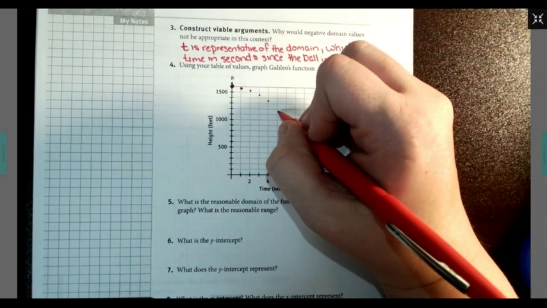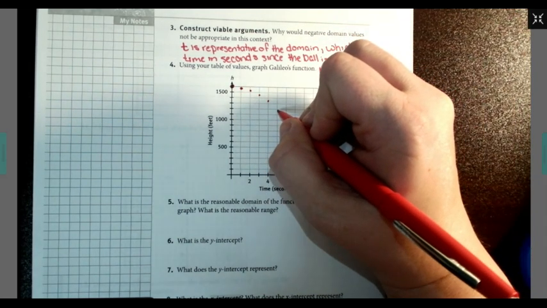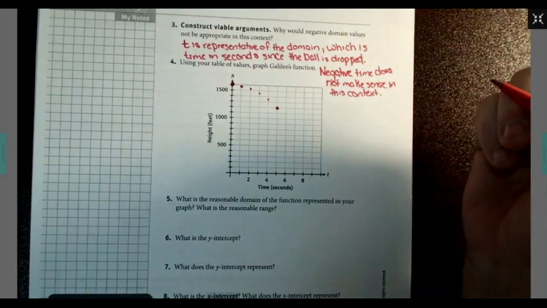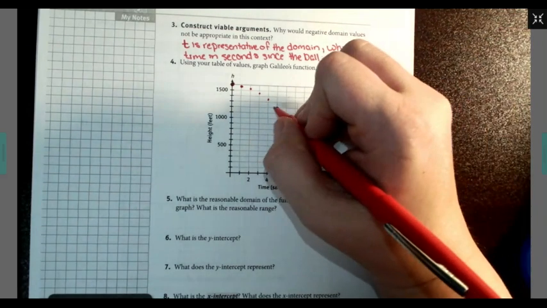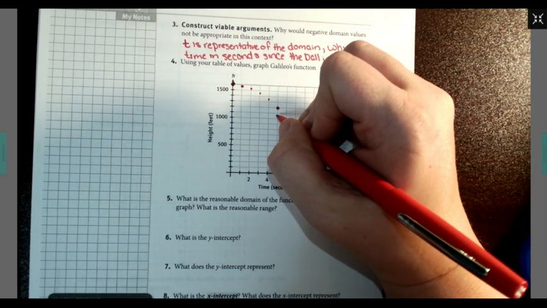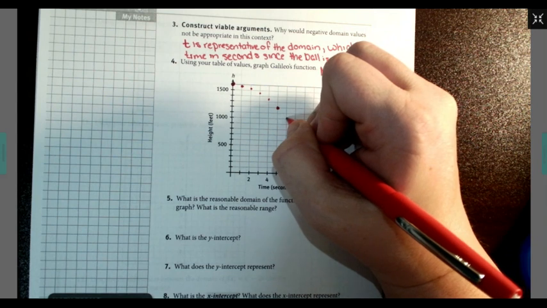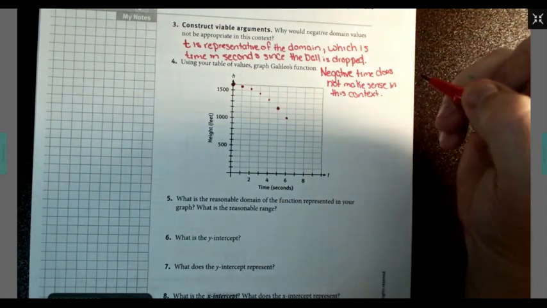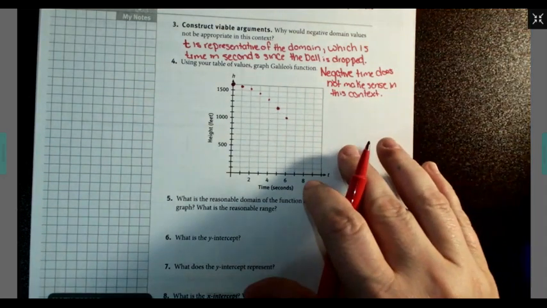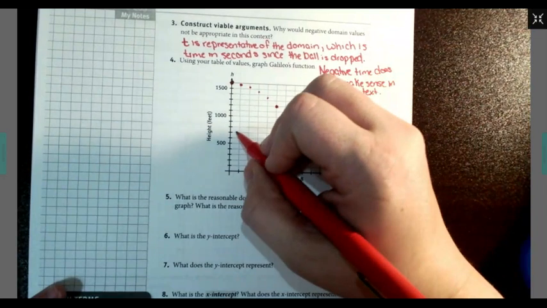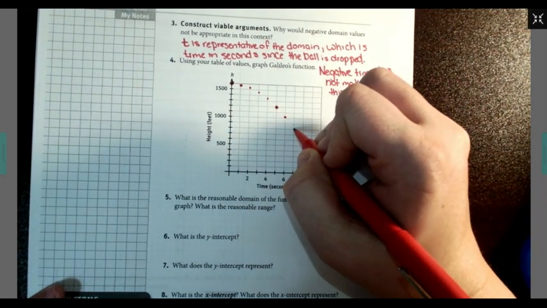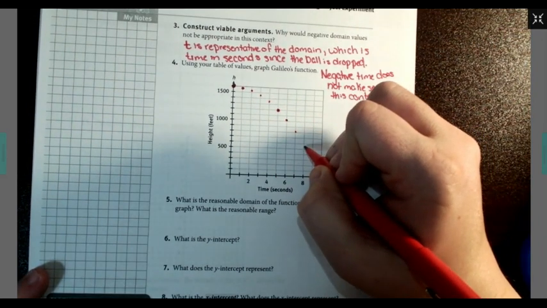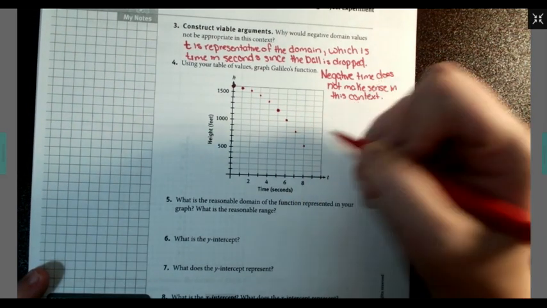We have at 5 seconds, it's at 1200. So it's right about here. We got 1024. Close to about the 1000 mark. Yeah, 1000, but not quite there. We're almost at 8. About 3/4 of the way up.